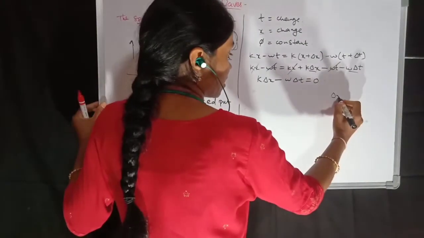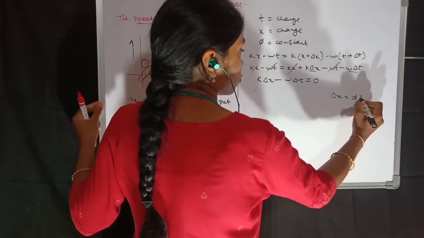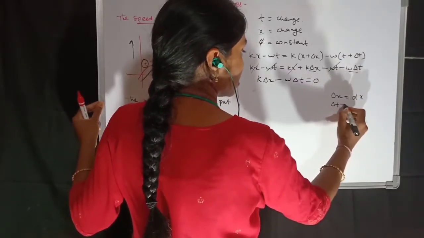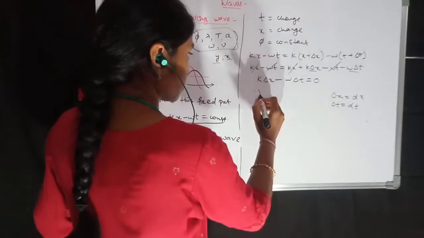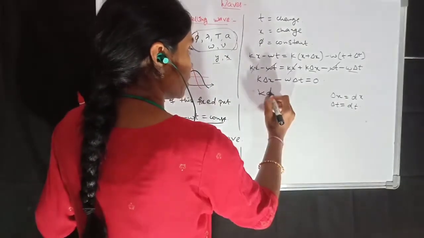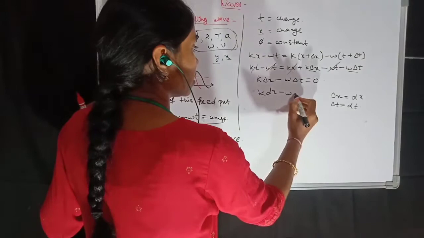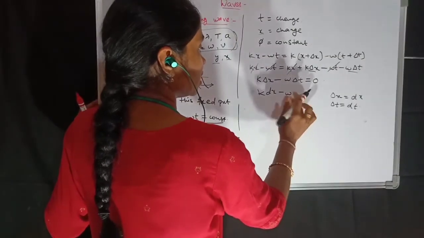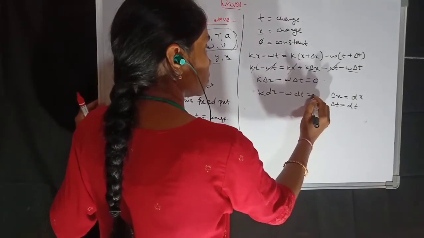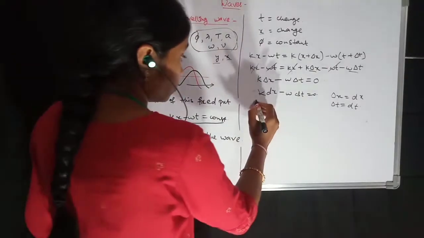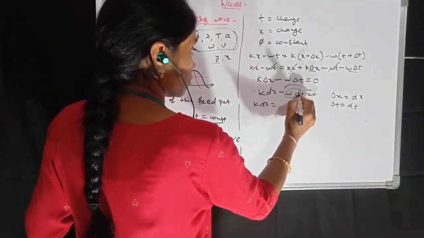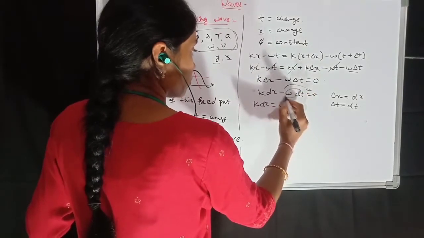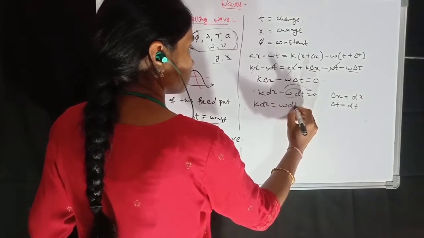Here delta x is the change in position and delta t is the change in time. I am replacing delta x with dx and delta t with dt, so k dx minus omega dt equals 0. Bringing this to the right-hand side, the minus becomes plus.